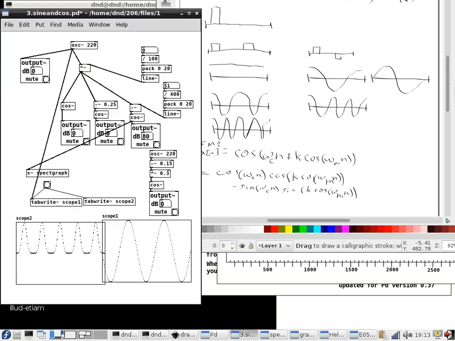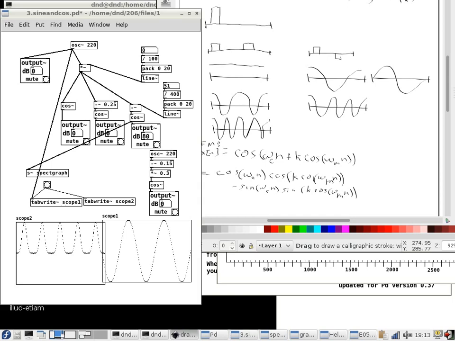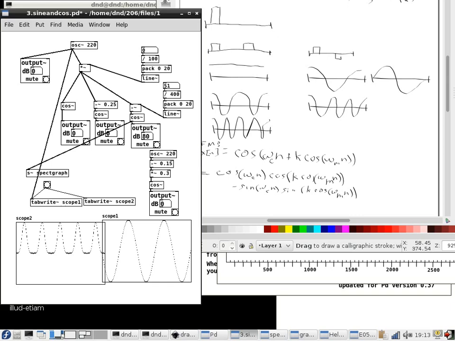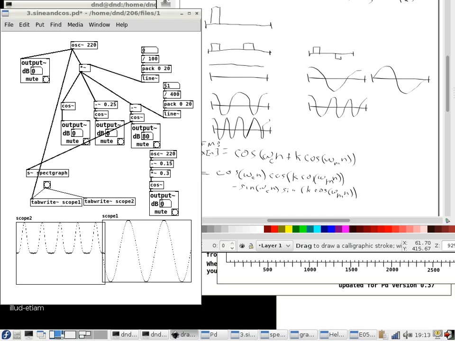Now this is exactly what I'm doing here. Specifically, I'm taking the cosine of omega n, I'm multiplying it by k, an index, and that's, by the way, why one uses the name index for this amplitude or this gain that we apply here.